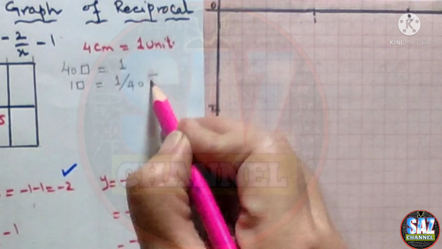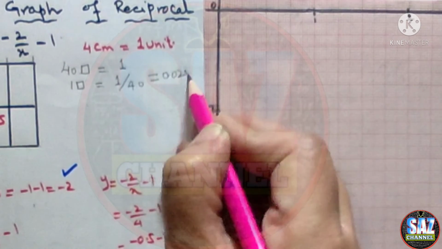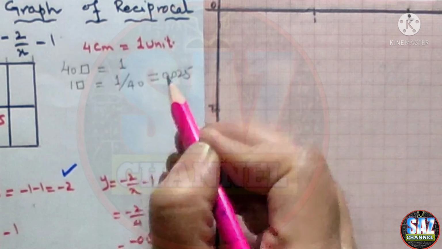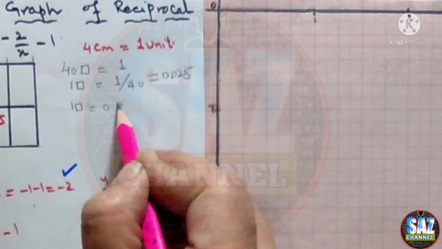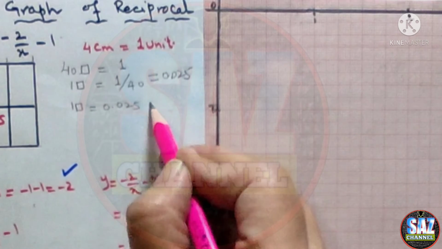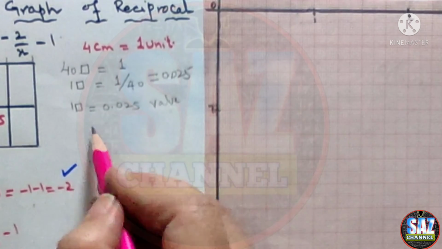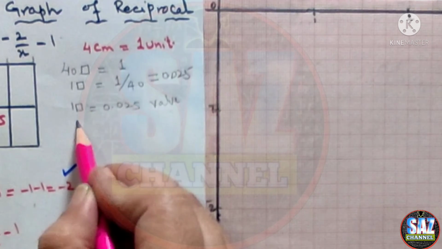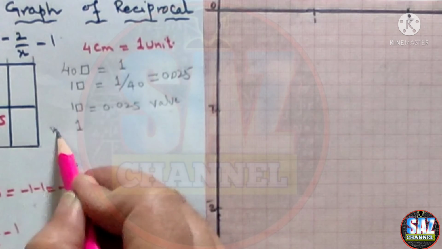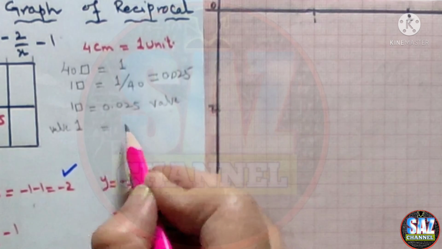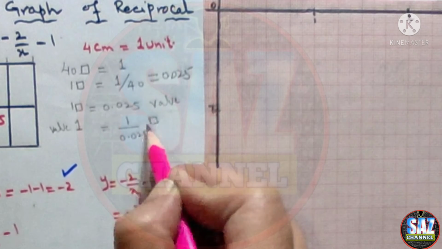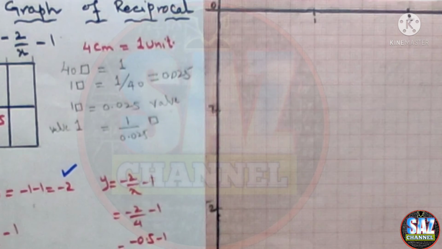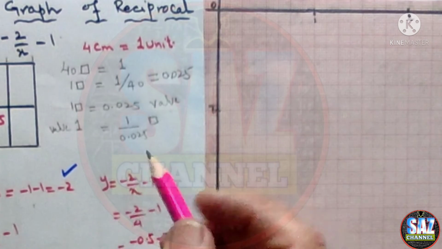One small block has the value 0.025. If the value is 1, then the number of blocks will be 1 divided by 0.025, and this gives me 40.